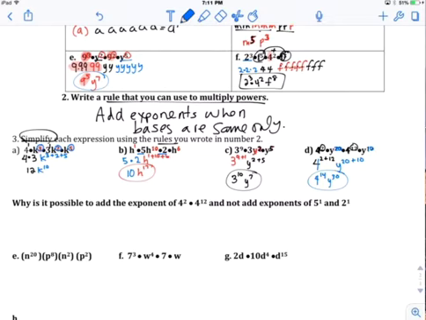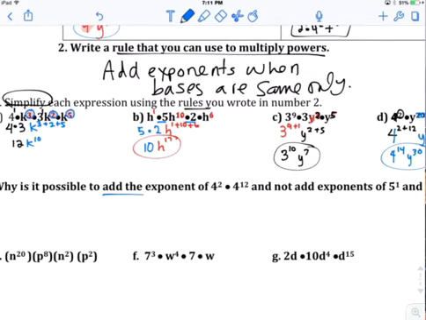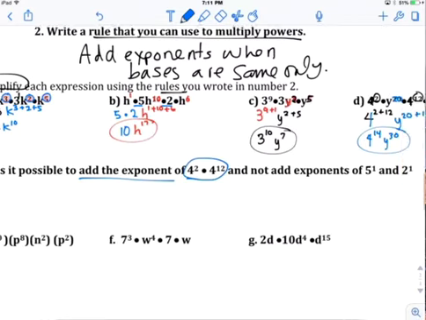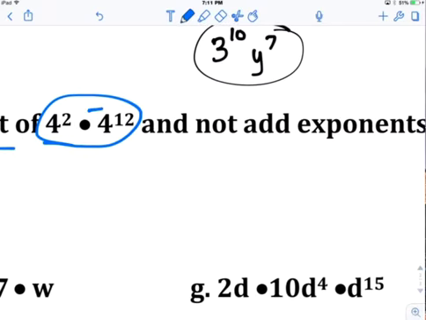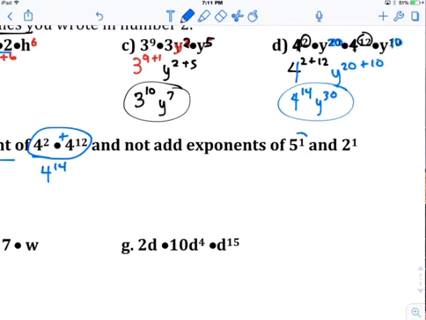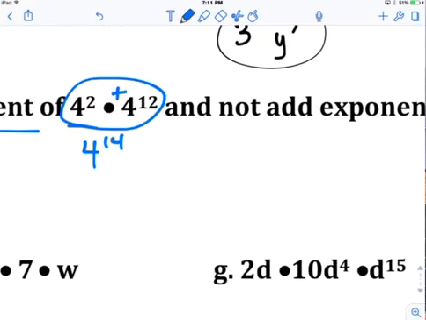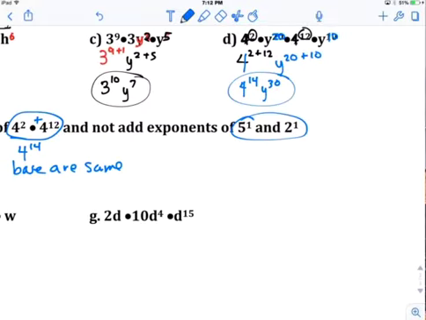And why is it possible to add the exponent? Why is it possible to add these two together to get 4 to the 14th and not these? Right here, bases are the same. And here, the base are different.